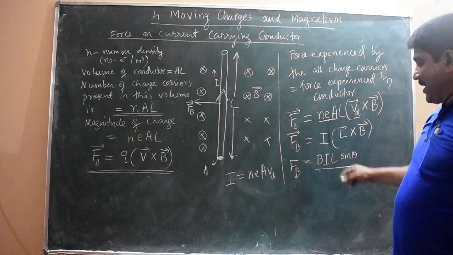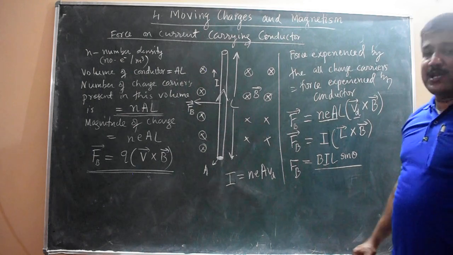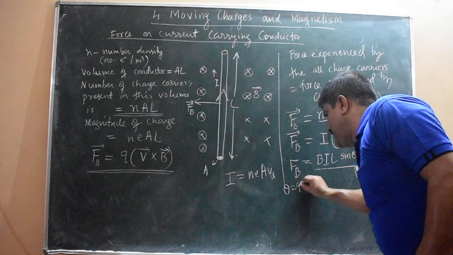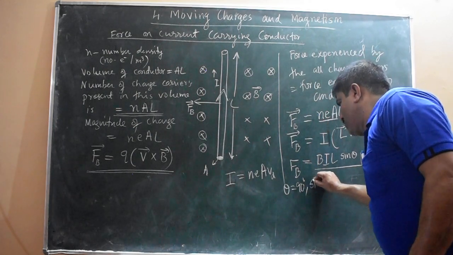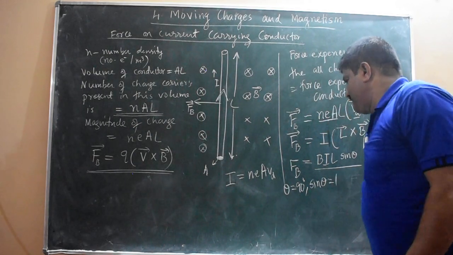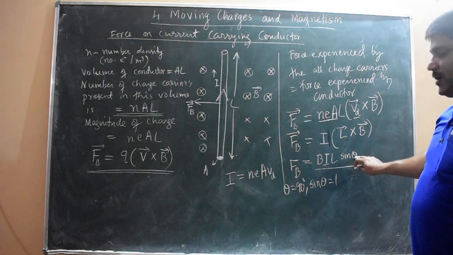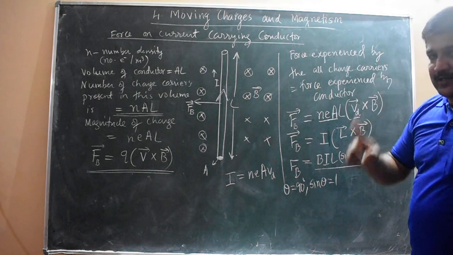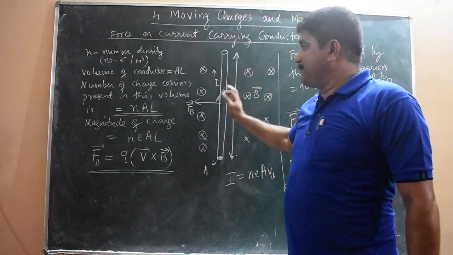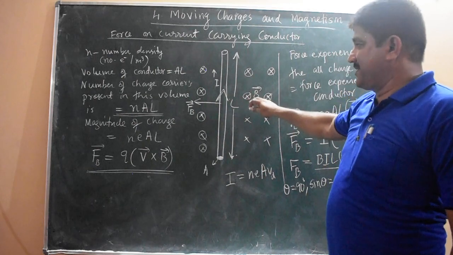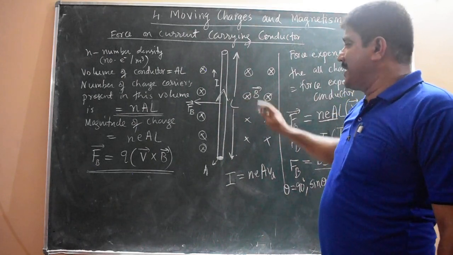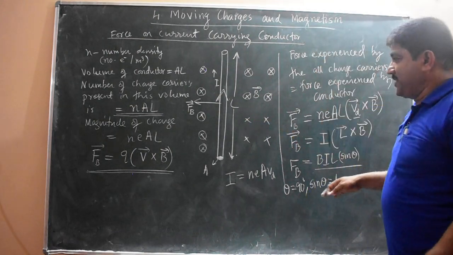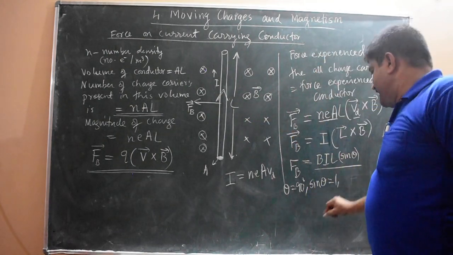One more fact: the maximum force and the minimum force experienced by the conductor. When theta equals 90 degrees, sin theta equals 1. That means sin theta becomes 1 when the conductor is placed perpendicular to the magnetic field like this. This diagram is for this particular case only, not the general case.